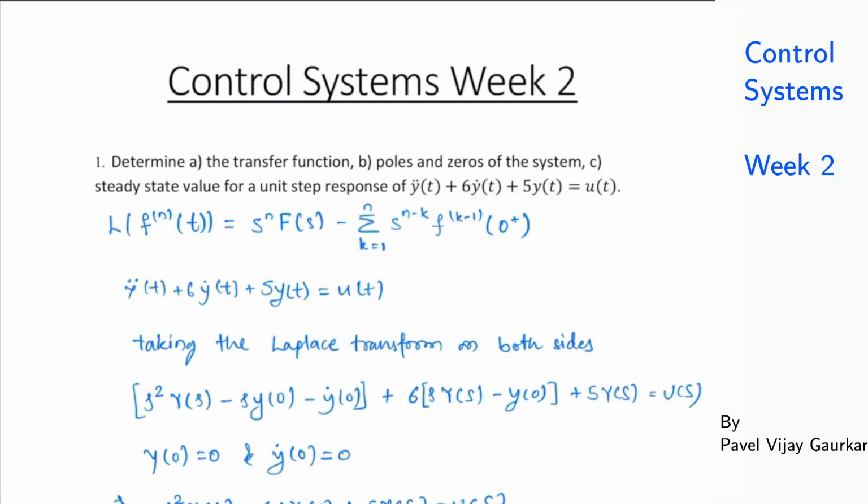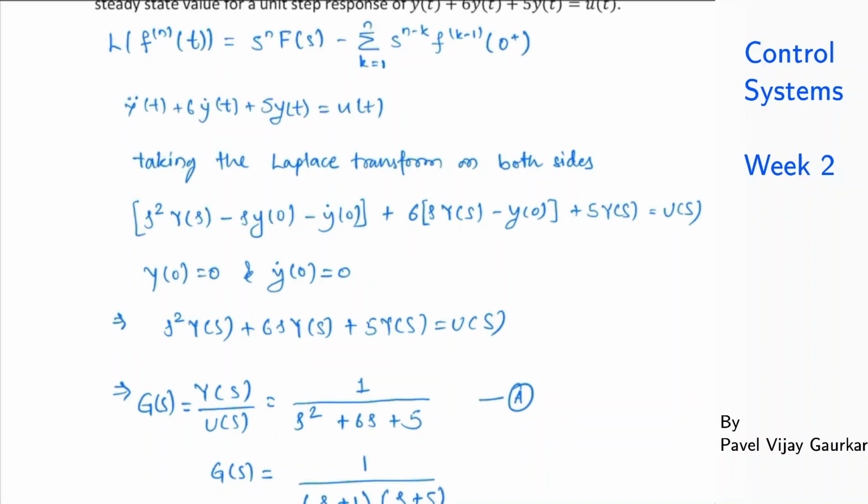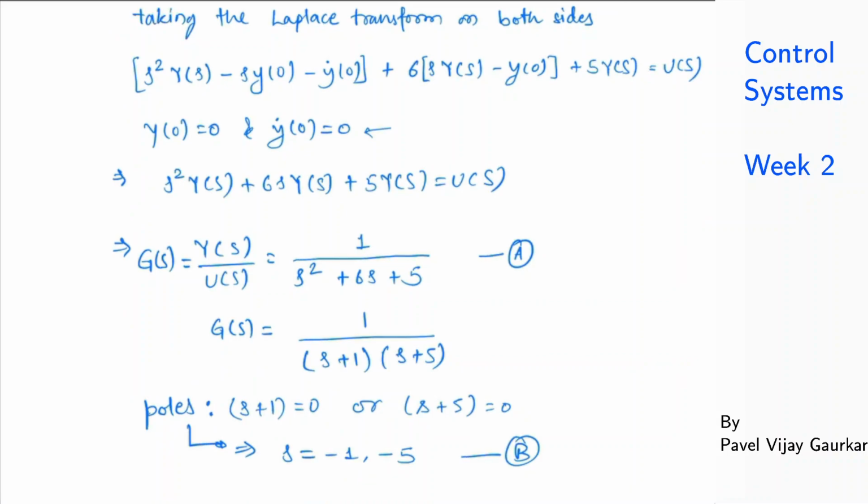So we are looking at how we obtain the transfer function, poles and zeros of the system, and steady state value for a unit step response of this particular differential equation. We took the Laplace transform, and then we substituted zero initial conditions to finally obtain the transfer function.